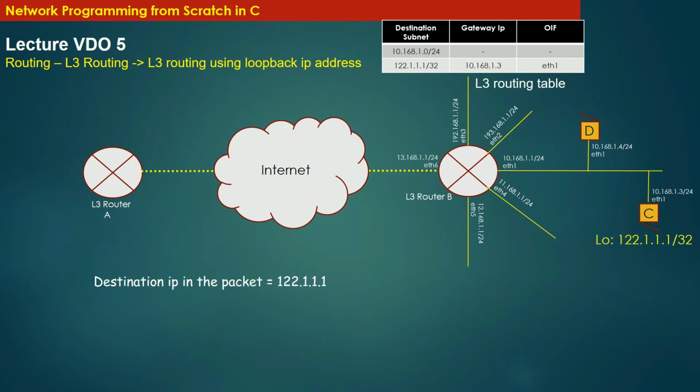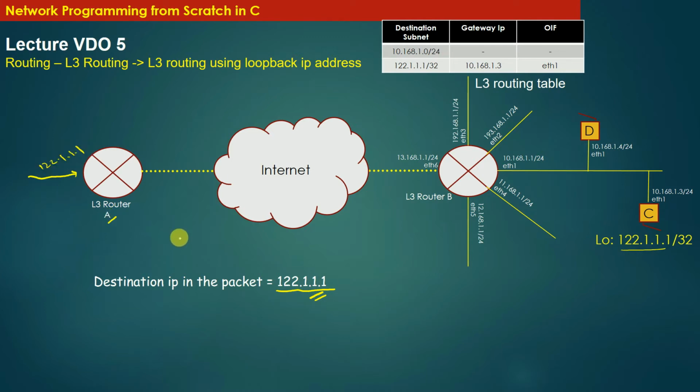Let us say that the destination IP address in the packet is 122.1.1.1, and this IP address is actually the loopback IP address of the destination machine C. Let us suppose that router A receives a packet from elsewhere in the network with the destination IP address 122.1.1.1.